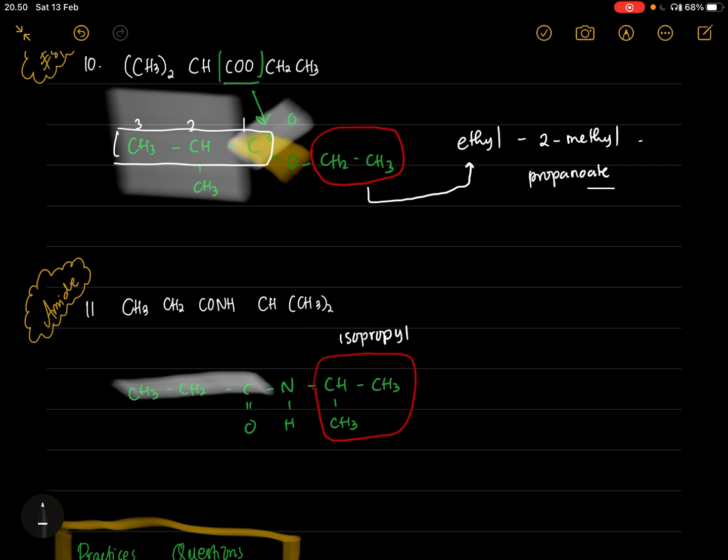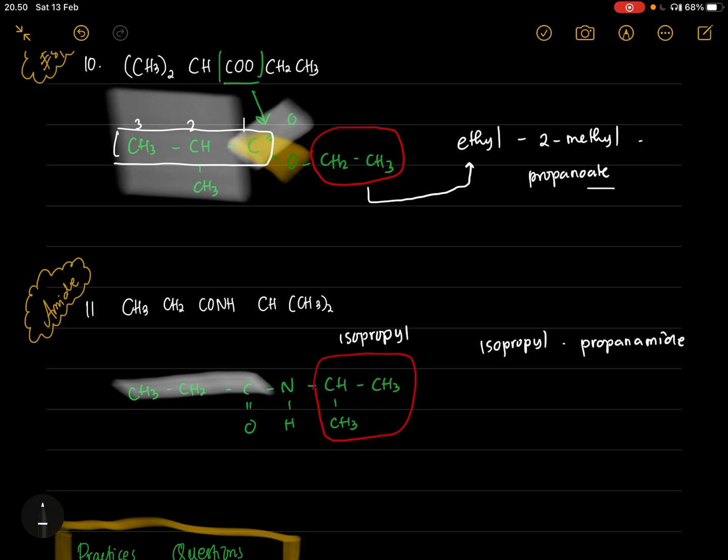So these 2 are the alternatives. For example, the common name here is isopropyl, and then the parent contains 3 C's in the longest chain. So it is isopropyl propanamide, because it is an amide.